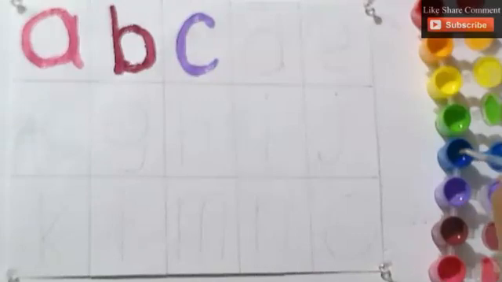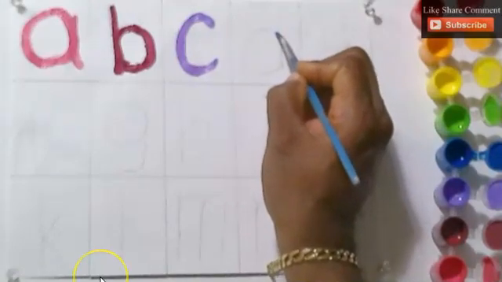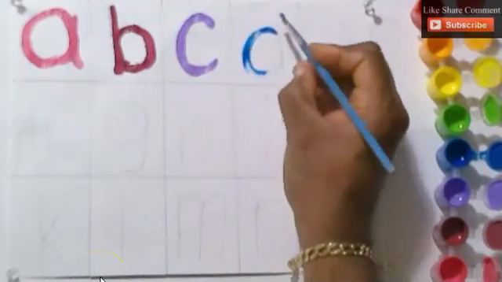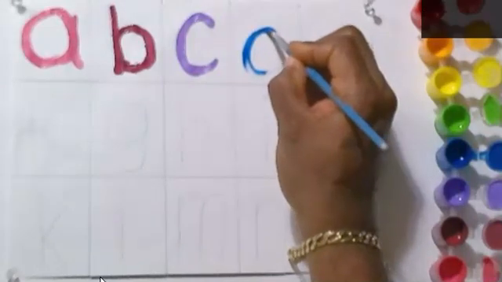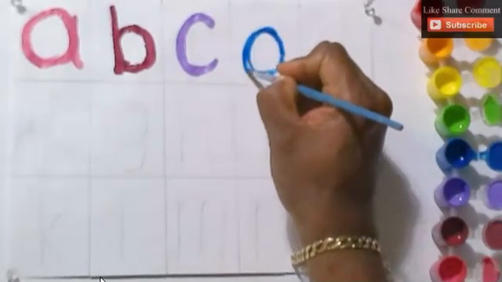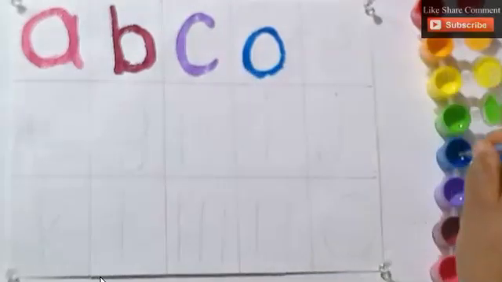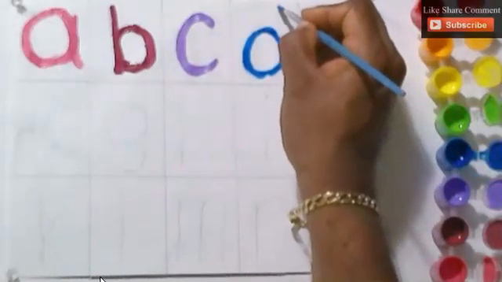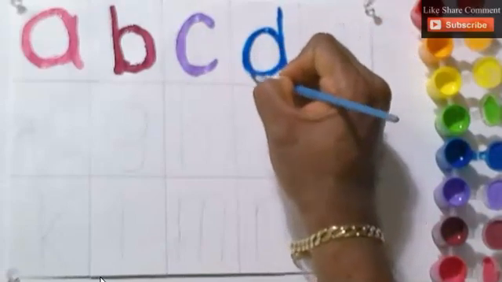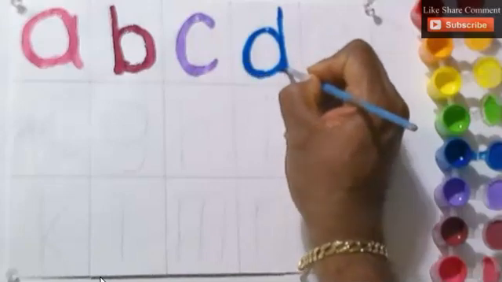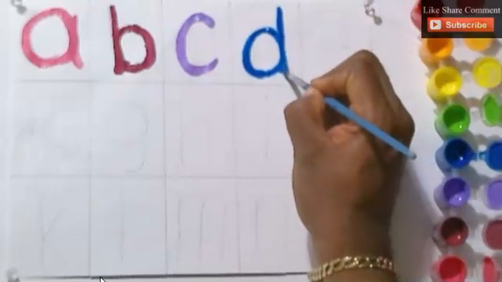The letter D. We'll use the blue color for the letter D. You make a circle again, then you put a stick on there. There you have the letter D.